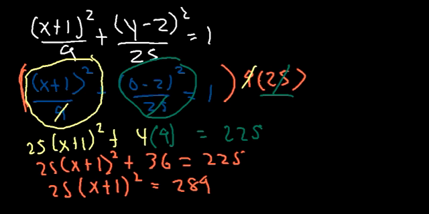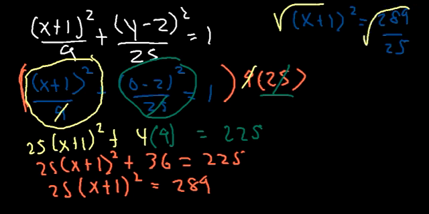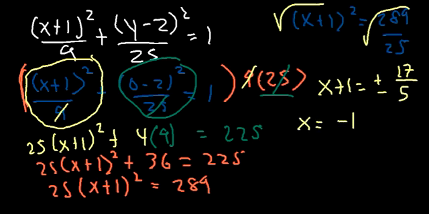And then divide both sides by 25. So (x plus 1) squared is 289 over 25. And then take the square root of both sides. The square root of 289, I believe that's 17. And so you get x plus 1 is equal to plus or minus 17 over the square root of 25, which is 5. So x is -1 plus or minus 17 over 5.